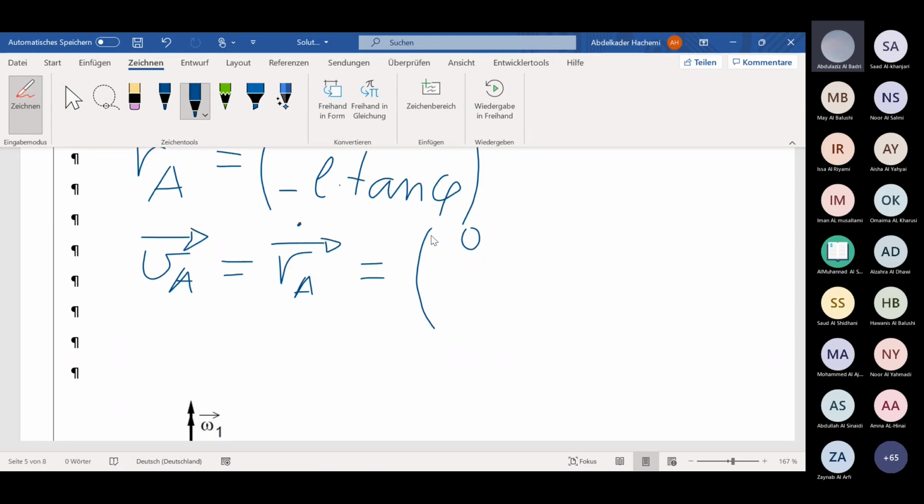Then we get here minus L divided by cosine square phi multiplied by phi dot. This is the expression of VE.